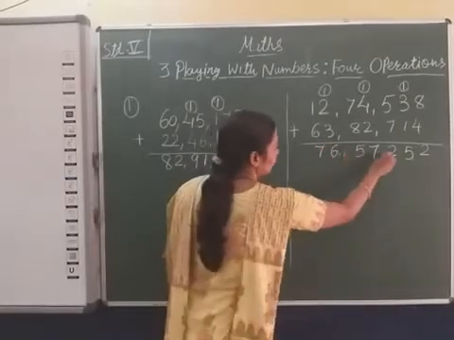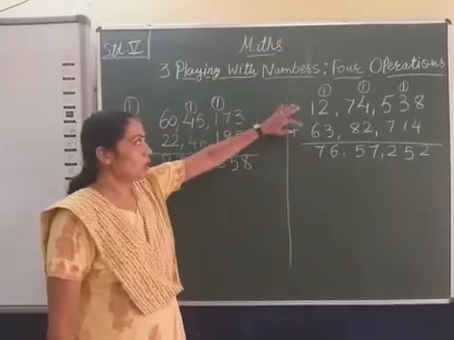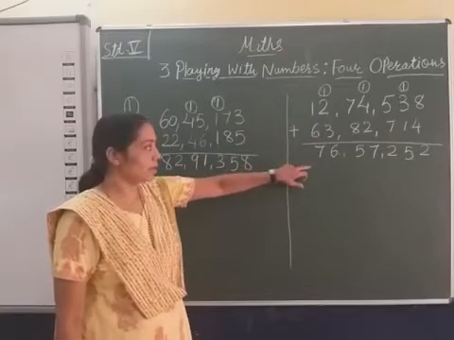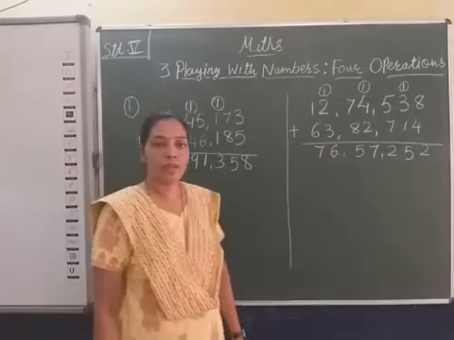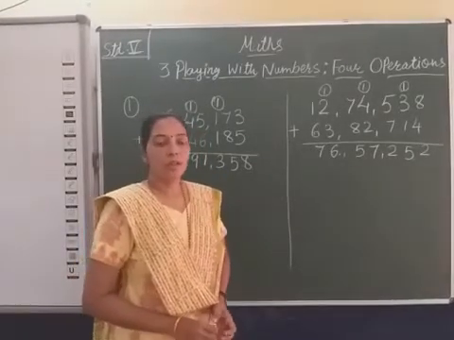So put the commas and read the sum of these two numbers. When we add, we find the sum as the answer 70,57,252.